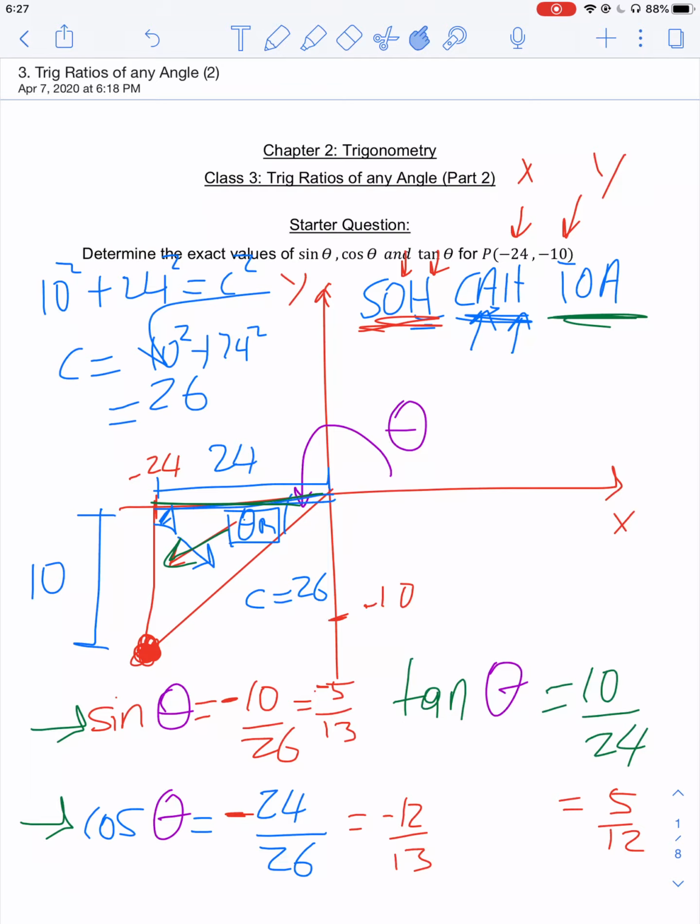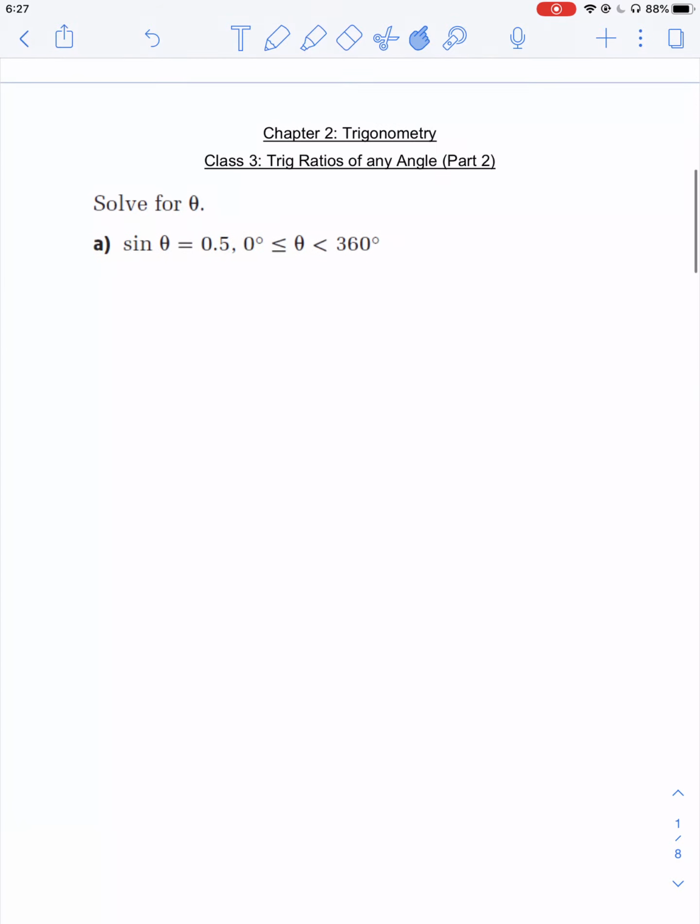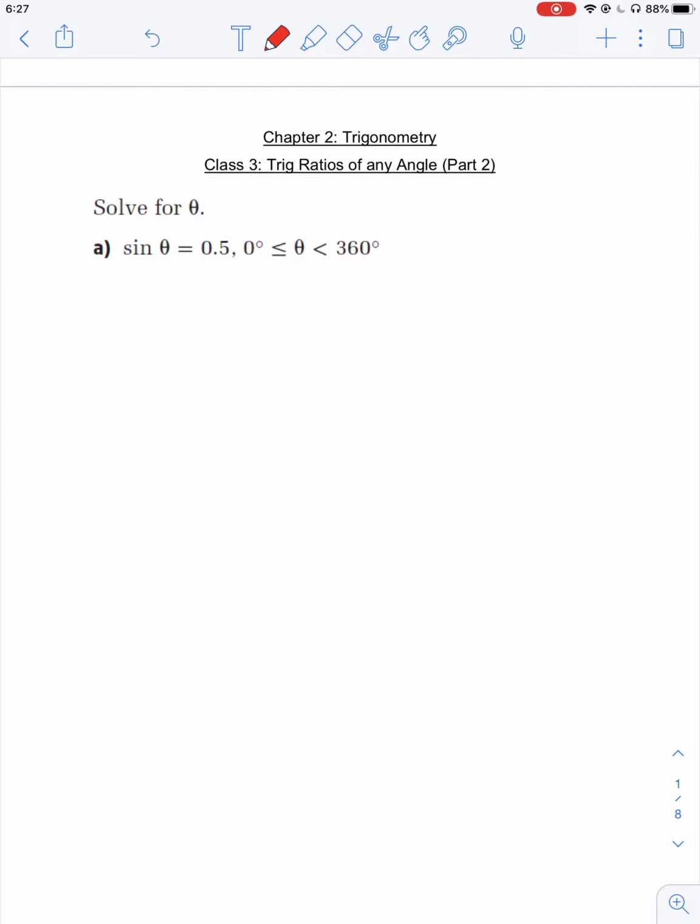Now today's class is, like I said, challenging, because today we're going to give you the value of sine theta, which is 0.5, and then we'll ask you to find theta.